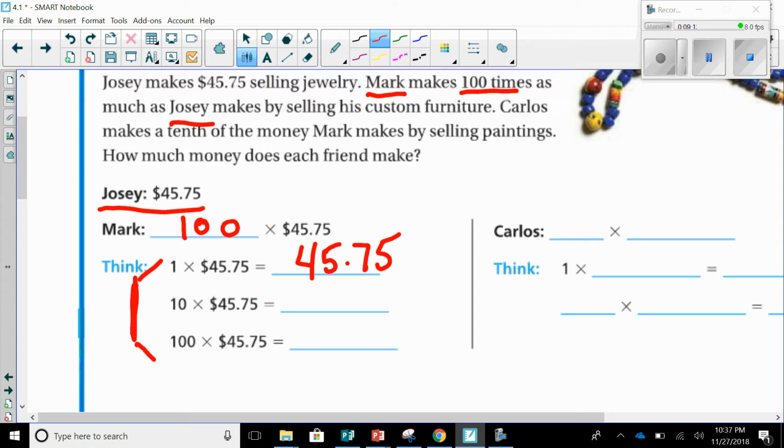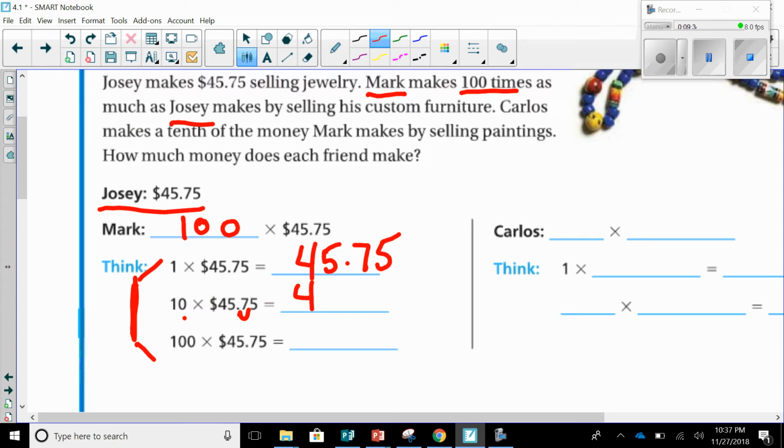Right here, you don't have to put the dollar sign. So then 10 times $45.75. Remember, there is 1 zero in 10. So that means my decimal point is going to move to the right. I have a whole number, so my decimal point is going to move to the right one spot.